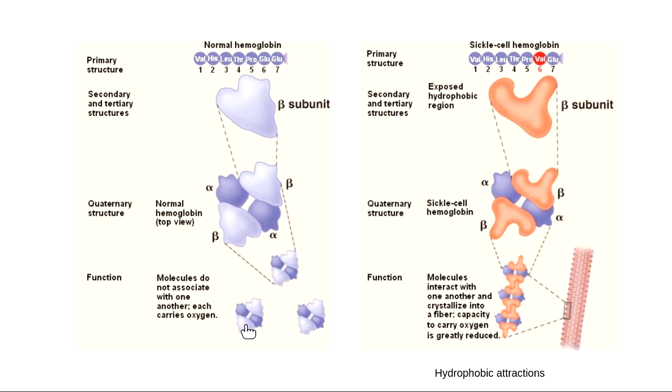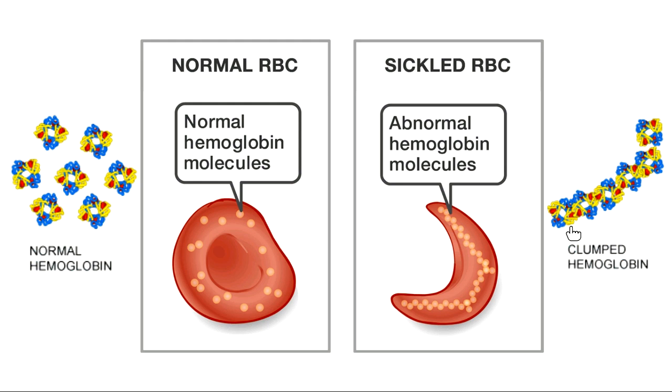In sickle cell anemia, because we traded out for an amino acid that doesn't like water, we end up generating these proteins with pockets that don't like water. And those pockets get attracted to each other, and we build big, long hemoglobin proteins. Instead of little individual ones, we build these huge ones. These big, long hemoglobin proteins form chains that will stretch out the shape of my red blood cell here.